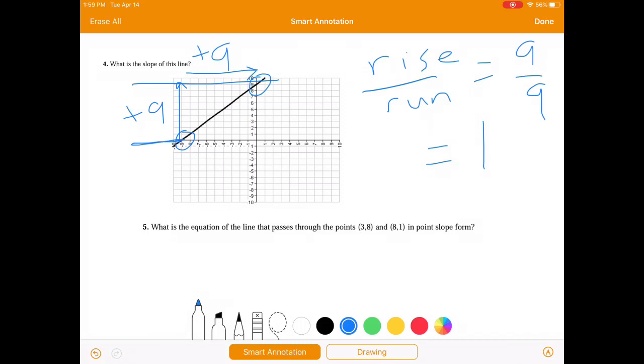It is okay, I'm going to change colors here, to start at this point, but then you have to realize that you are going down 9 and to the left 9, which would give us 2 negatives, and a negative divided by a negative is also positive 1. And you can also remember that if you're looking at a line from left to right, if it increases, it's a positive slope, and if it decreases, it would be a negative slope.